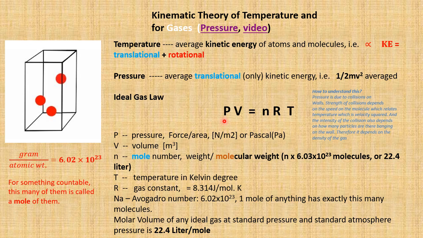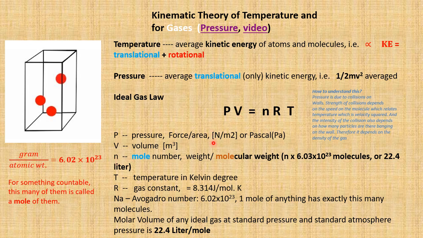We are just focused on application of the equation, given that we understand why this equation is true. To summarize the details, P here is in units of pressure, newtons per meter squared, which is the Pascal. The volume is in cubic meters. Actually, a cubic meter is quite big.